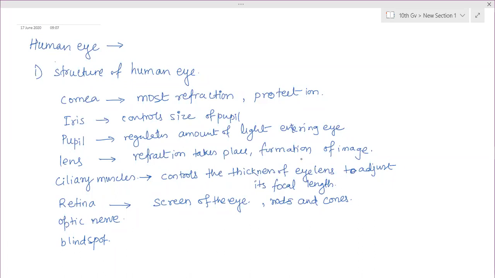Rods get activated when bright light falls, and cones are activated for color, different colors, as well as dimness. They convert information into electrical signals.